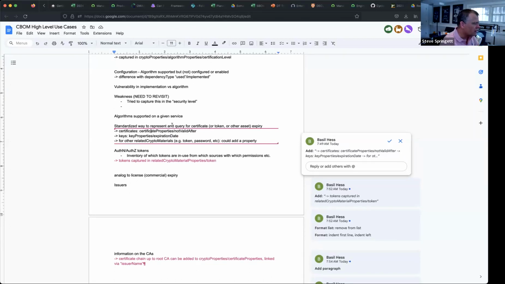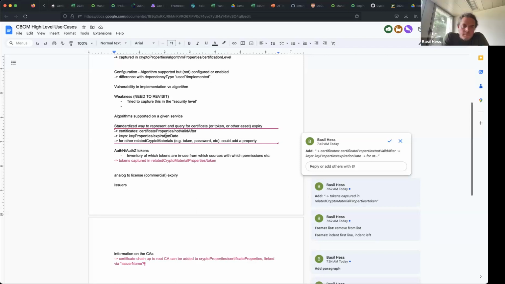Certificate properties: not valid after, key properties, expiration date, related crypto materials. Okay, that's where the tokens and stuff go in. Standardized way to represent. The desire would be to have an expiry for any kind of related crypto material where it applies, right?